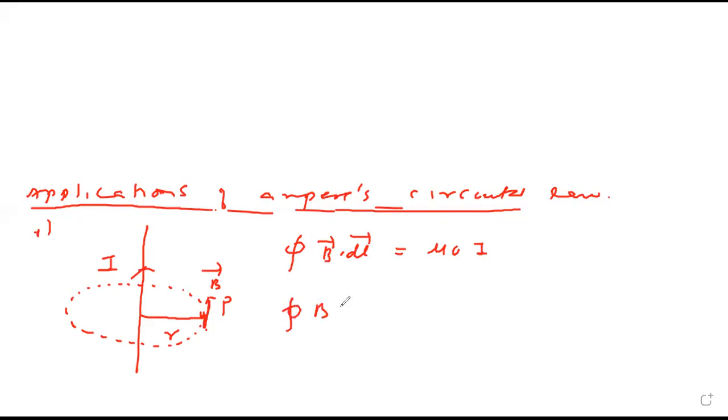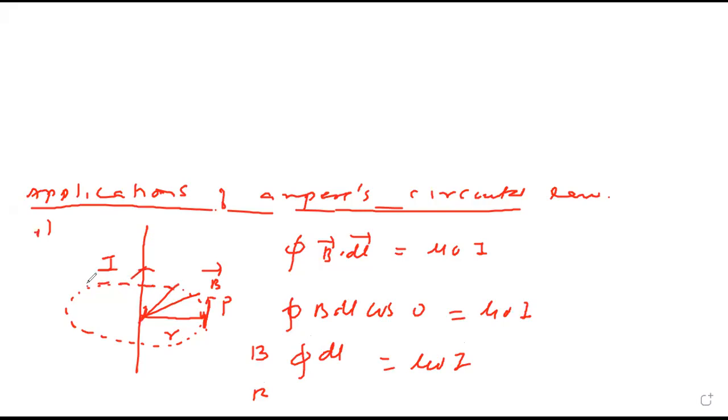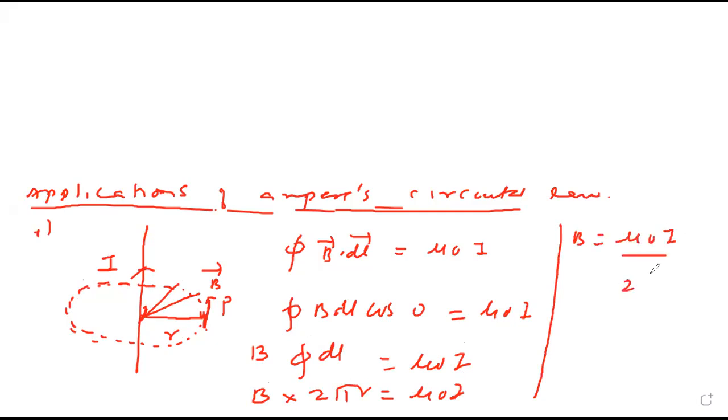So it becomes B dl cos 0 equals mu naught I. B at every point will be the same because the distance from the conductor is the same. So B into the integral of dl is mu naught I. The integral of dl becomes the circumference, so B times 2 pi r equals mu naught I. Therefore B is mu naught I upon 2 pi r. Even by Biot-Savart's law we got the same answer. So please copy this: by using Ampere's circuital law, B is mu naught I upon 2 pi r.